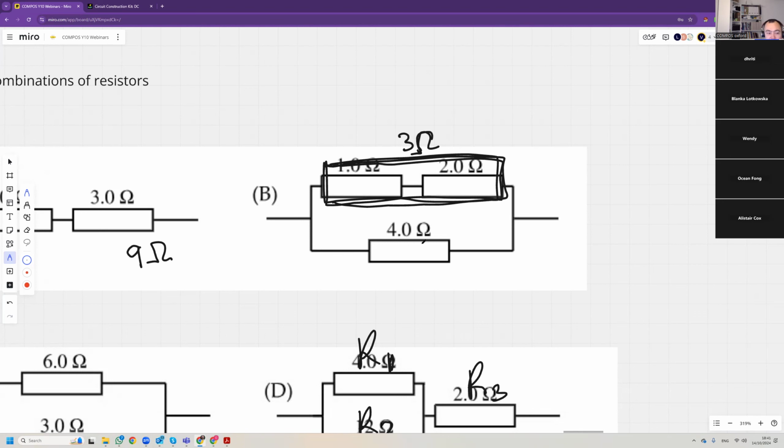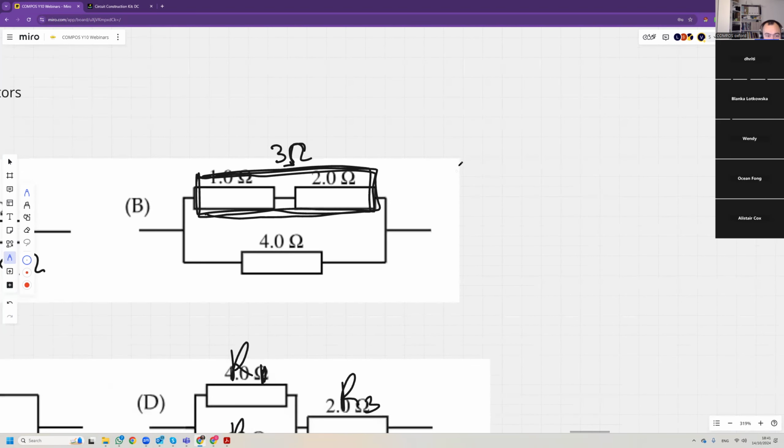And now we have 3 and 4 in parallel. To find that, you do 1 over R total, which equals 1 over 3 plus 1 over 4, which is (4 plus 3) over 12, which is 7/12.